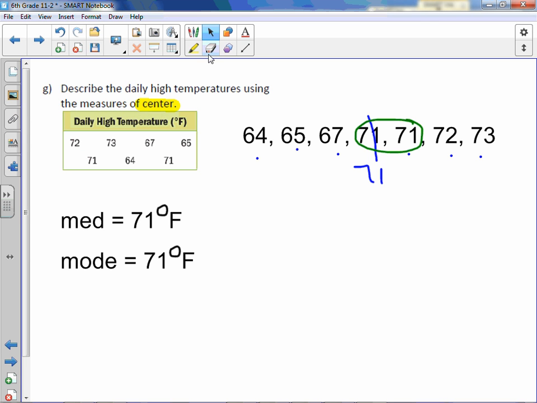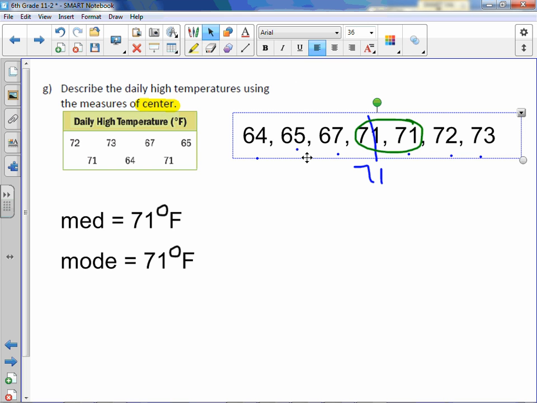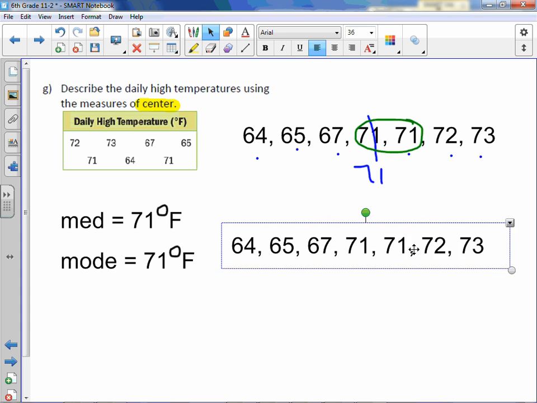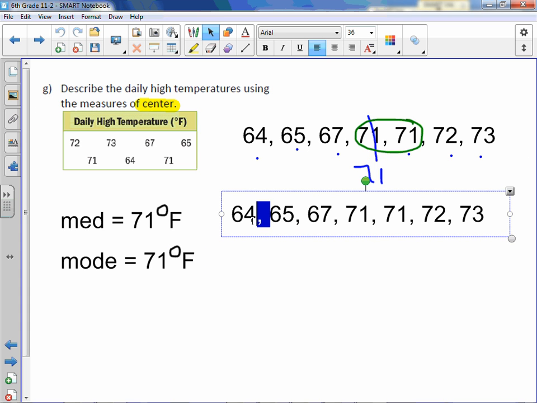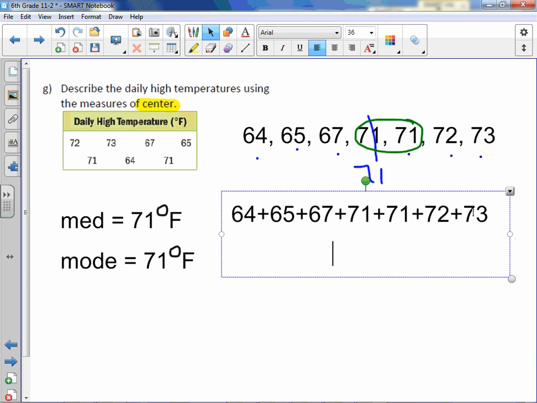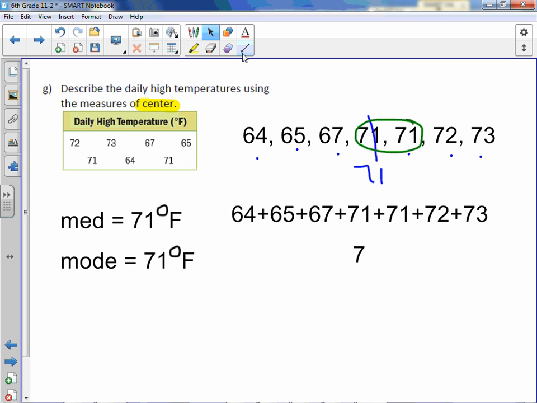Now the mean, going back to the previous lesson, let's go ahead and add all the numbers and divide by the total number of data. So let's add all these numbers. And there are 7 numbers.